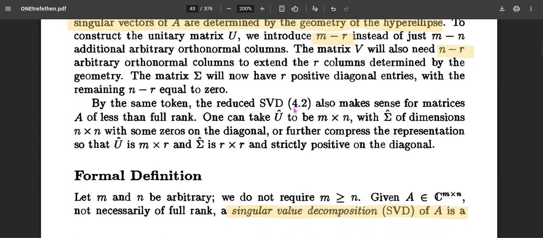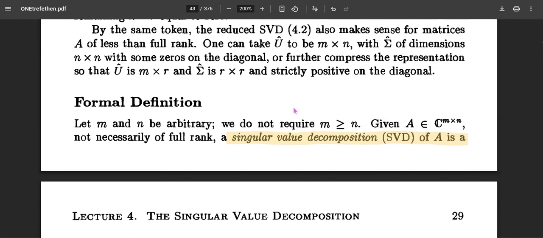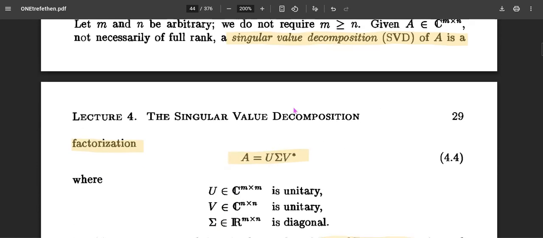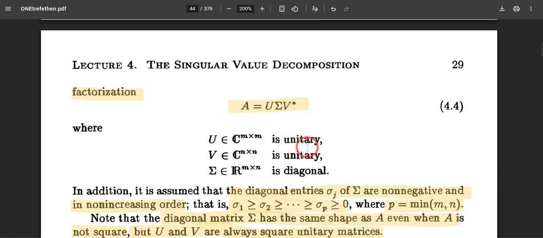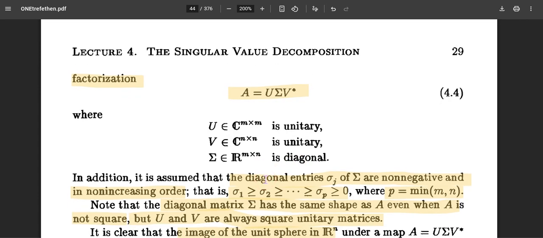So this is going to be the standard definition for the singular value decomposition of a matrix. The formal definition is as mentioned in the beginning of the lecture. It's a matrix factorization, where we have a unitary matrix, and another unitary matrix, and a diagonal matrix with at most n non-zero values.